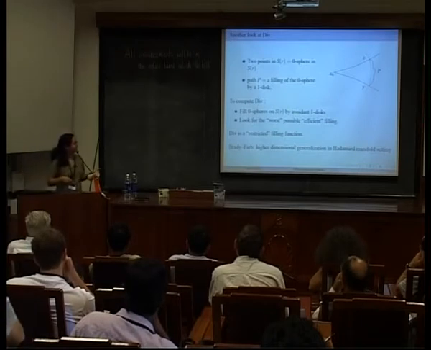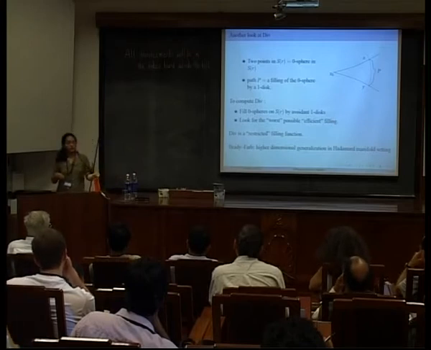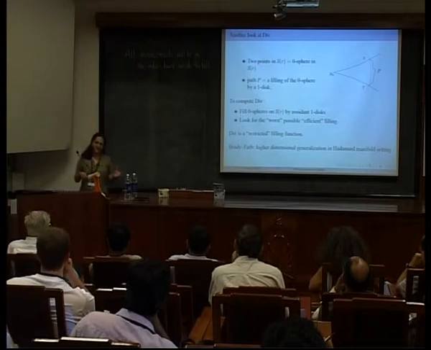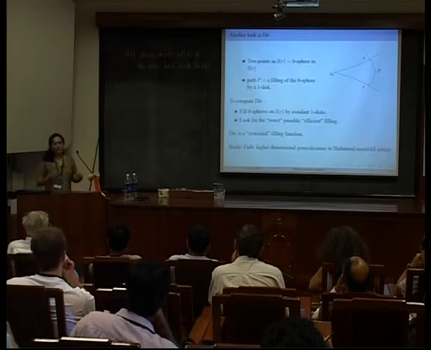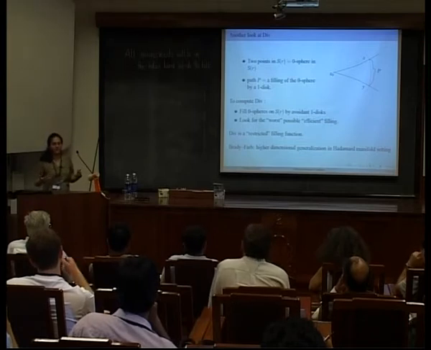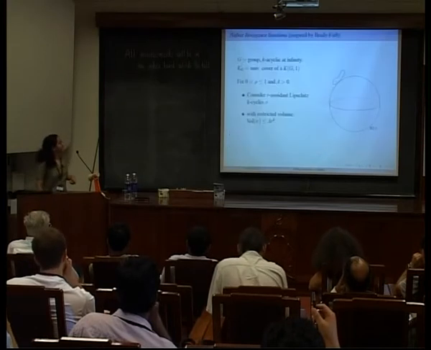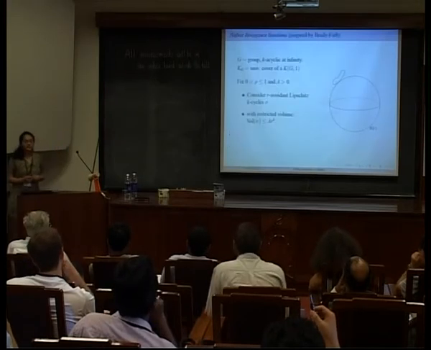So rather than thinking of filling k-spheres with k+1 balls, you could also think about filling k-dimensional cycles with k+1 dimensional chains. That would be a homological Dehn function, whereas the version where you fill spheres with balls would be the homotopical filling function. And the version that I'm about to give today is the homological one.